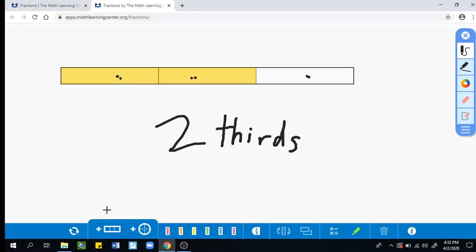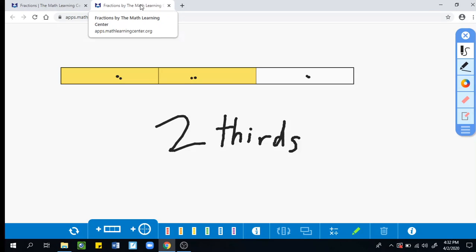Friends, I hope this clarifies some of the confusion we had about fractions this week. You can log on to this website I have here. It's called mathlearningcenter.org, and then choose the Fractions app. It's free.